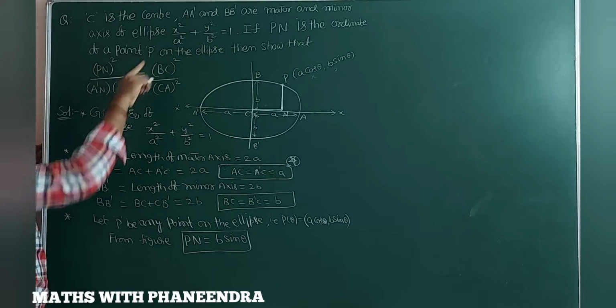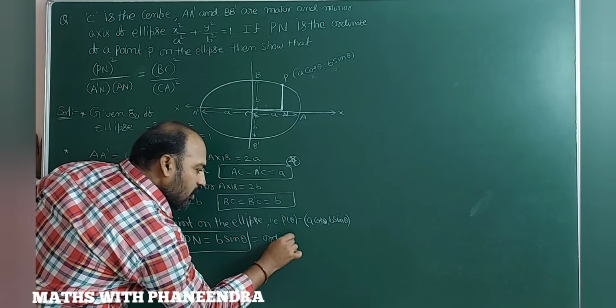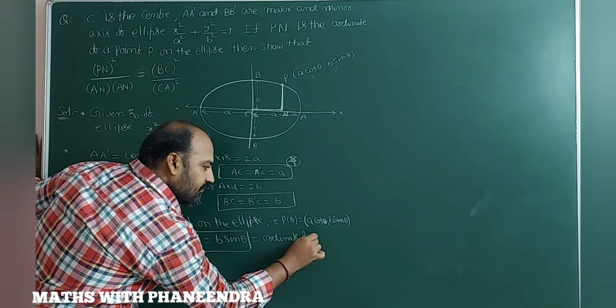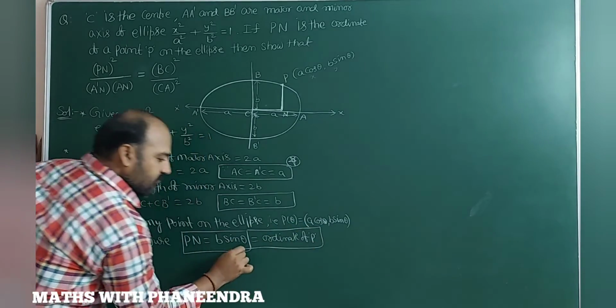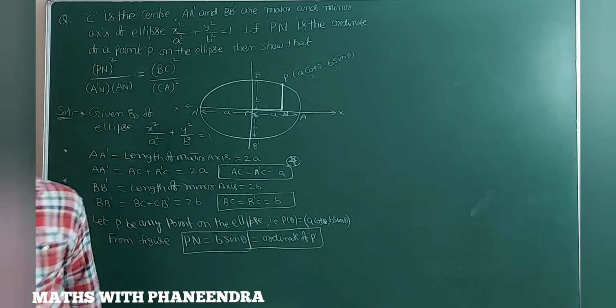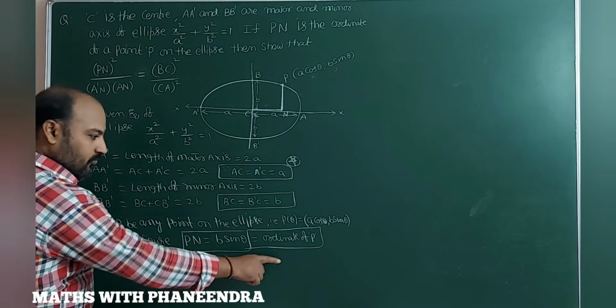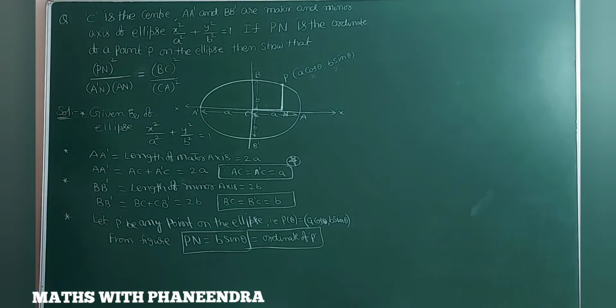PN is the ordinate of P. Ordinate means y coordinate. I hope you understand, students. Are you able to see once? Yeah. Ordinate of the point P.